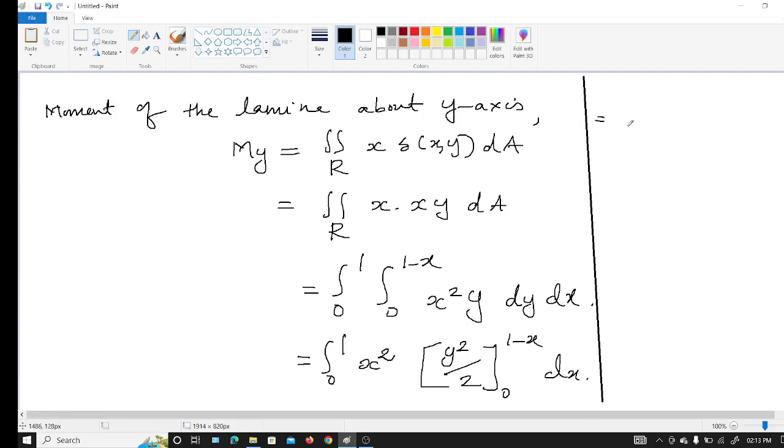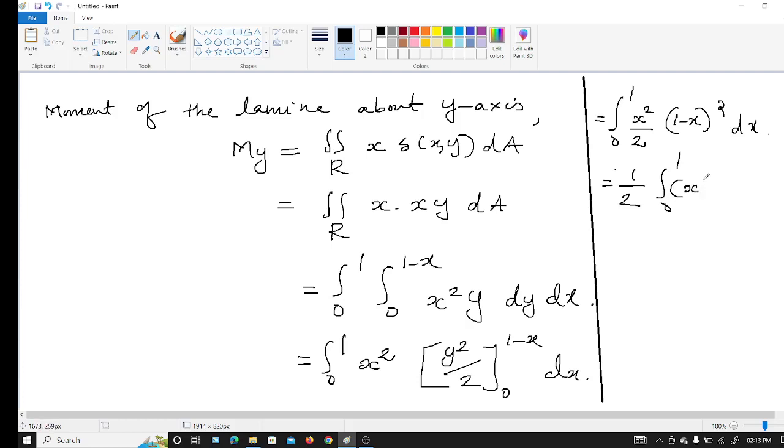Now this is equal to integral from 0 to 1 of x square, here 2 is a constant, then 1 minus x the whole square dx. Now this is the same as 1 by 2 into integral from 0 to 1.